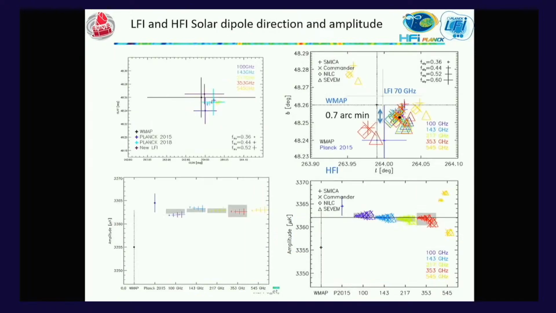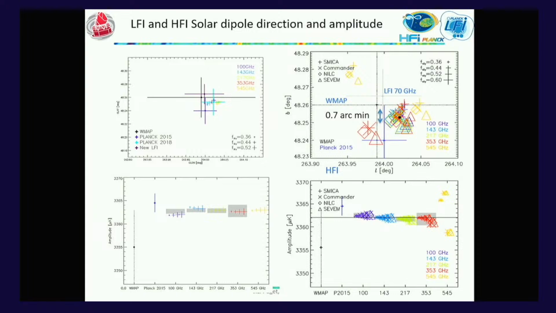And so the WMAP error bar is here for the direction. LFI is here, and this part is the direction for all these frequencies and several f sky.